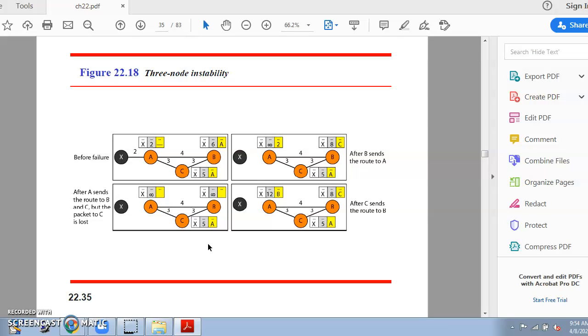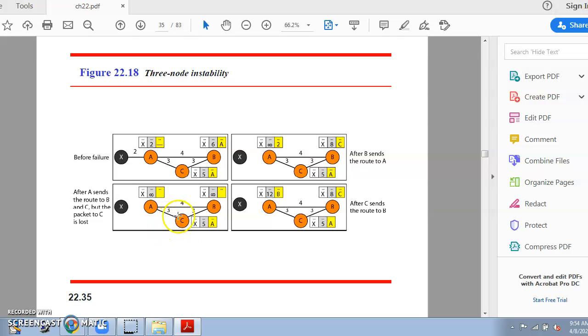Why? The reason is, suppose after finding that X is not reachable from node A, A sends a packet to B to inform it of the situation. Node B immediately updates its table, but the packet to C is lost in the network and never reaches C. Let's suppose this link is down and now A is updating its table before it gets the update from B and C. According to the last solution, this situation might be put into stability, right?